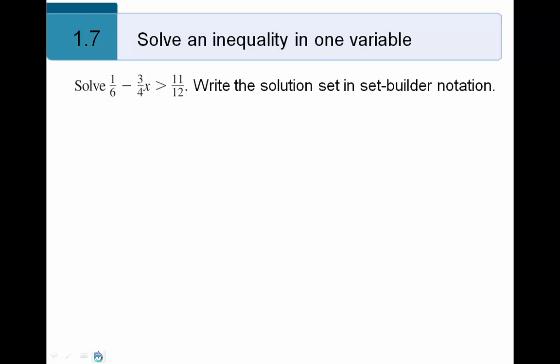This inequality contains 3 terms. So we'll have 12 times 1/6, 12 times 3/4 x, and then 12 times 11/12. Alright, let's come back now, cross-cancel, and eliminate the fractions.